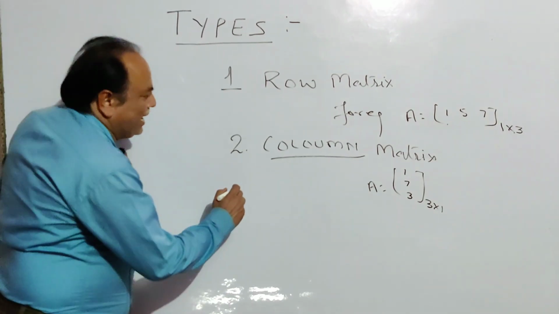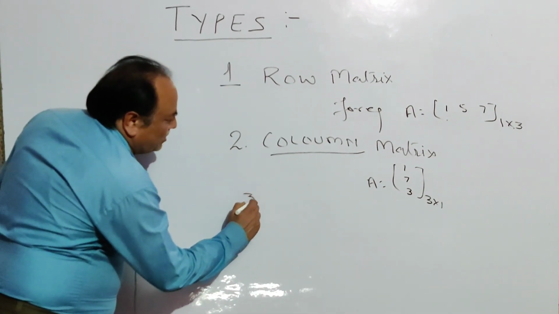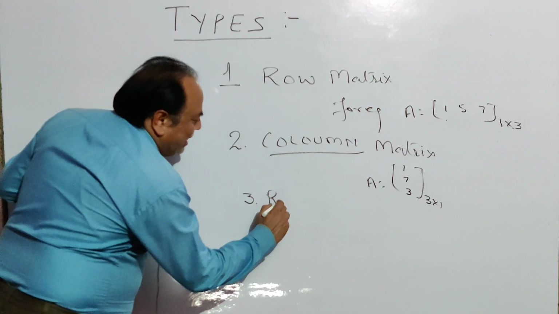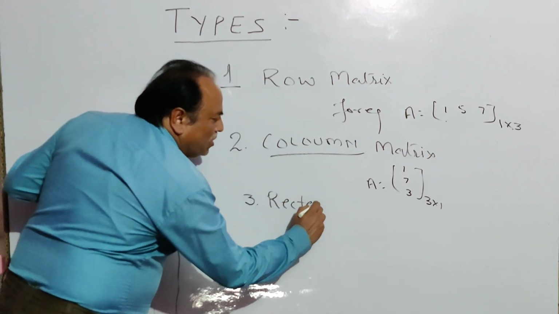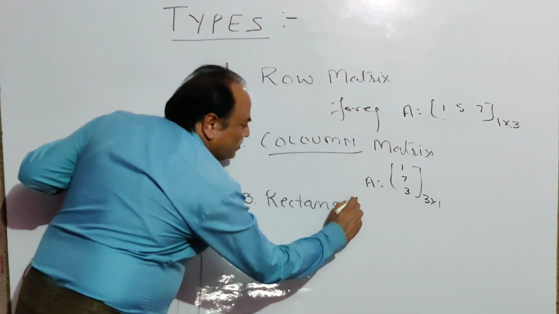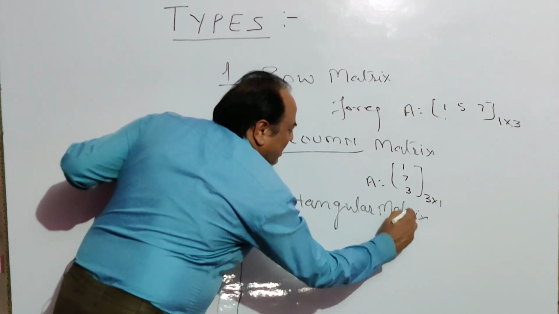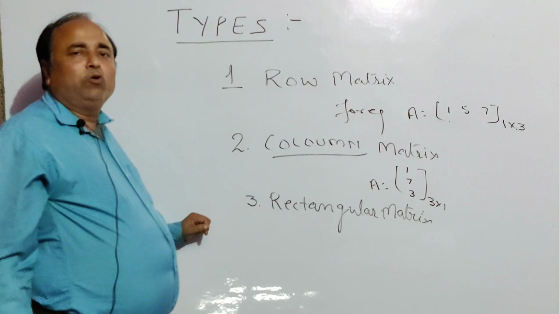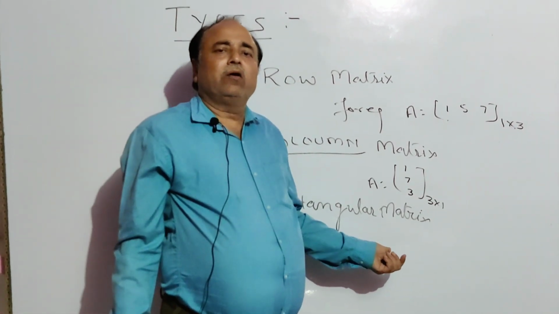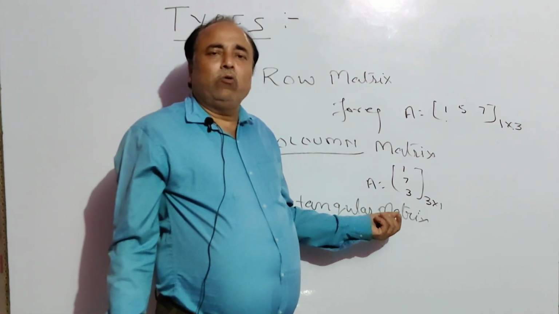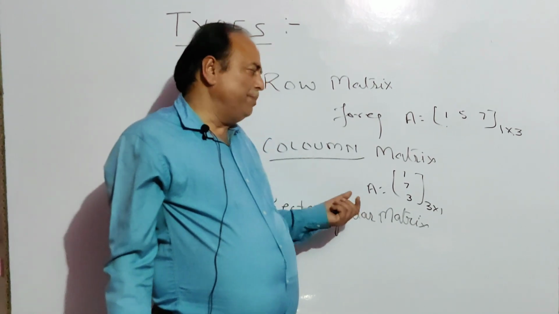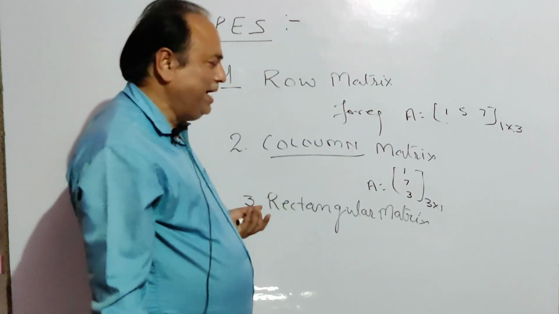Next is rectangular matrix. A matrix in which rows are not equal to columns. When rows and columns are not equal, such a matrix is known as rectangular matrix.